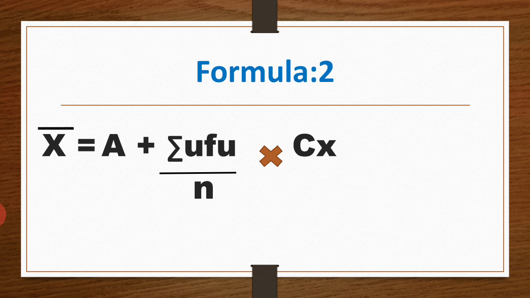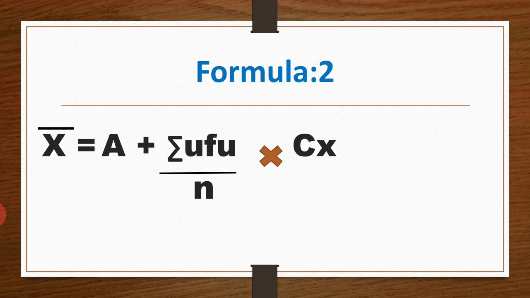Now formula number 2. Formula 2 we apply in the step of x bar and y bar. X bar is equal to a plus sigma ufu upon n, into cx. Students, here the formulas of x bar and y bar are also changed.